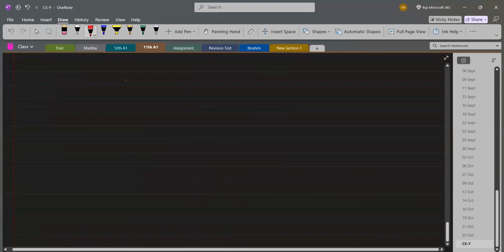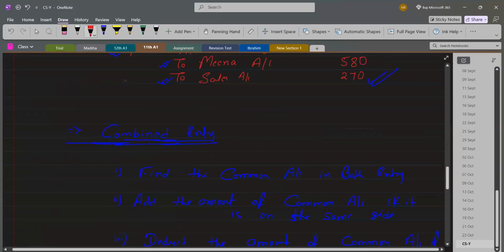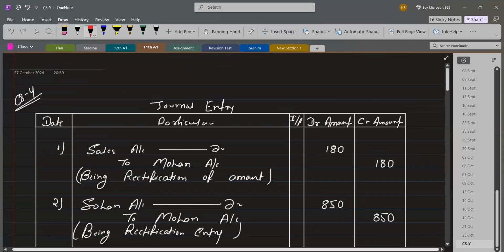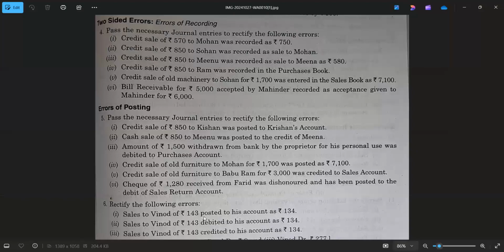You can solve question number 5 and 6. I have explained question number 4. You have to try question number 5 and 6. Tell me, can you do it or not?